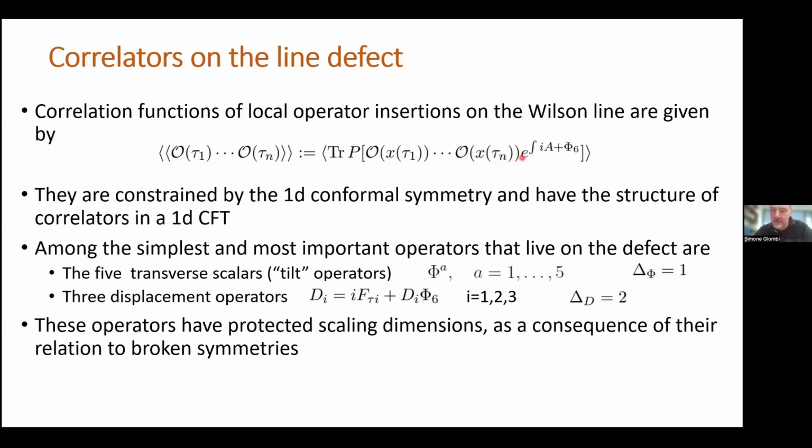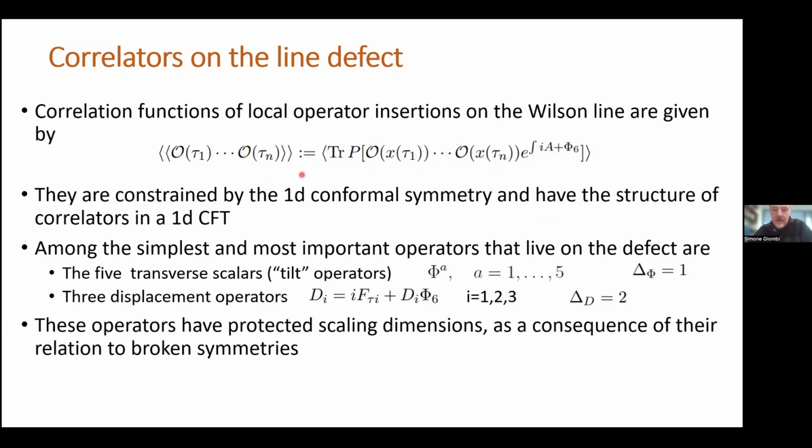So there are matrices at positions along the line. This is a bit schematic. The path ordering will insert this Wilson line factor in between the operators. These objects are constrained by the one-dimensional symmetry, as I said before, in the usual way. So they behave like a one-dimensional CFT in a sense.